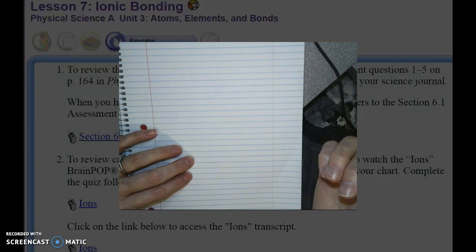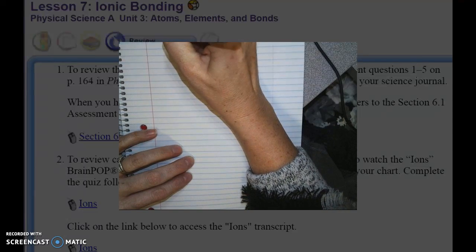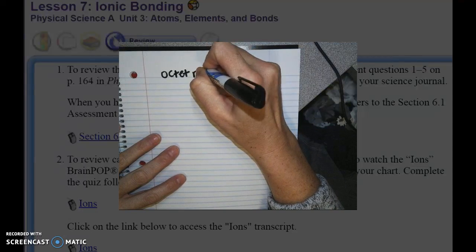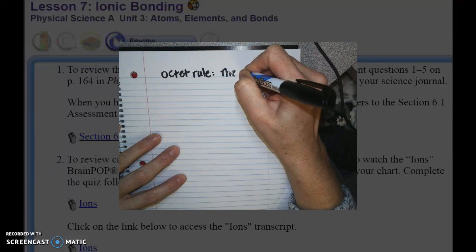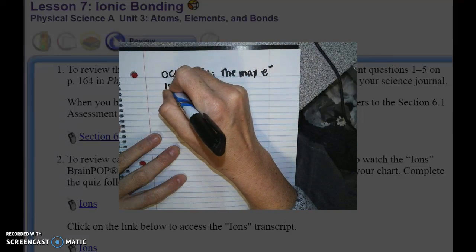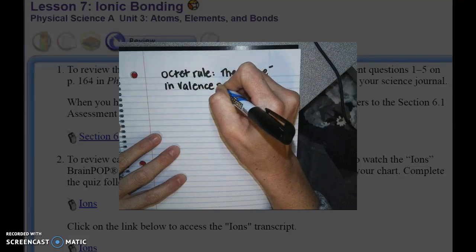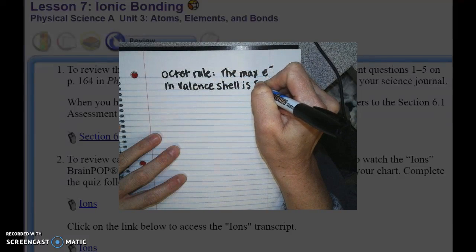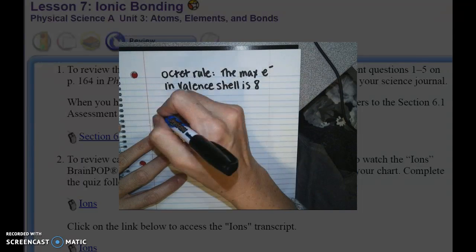The other thing we talked about is something called the Octet Rule. The Octet Rule, remember, says the maximum electrons in the valence shell is 8. Eight is the most stable configuration.